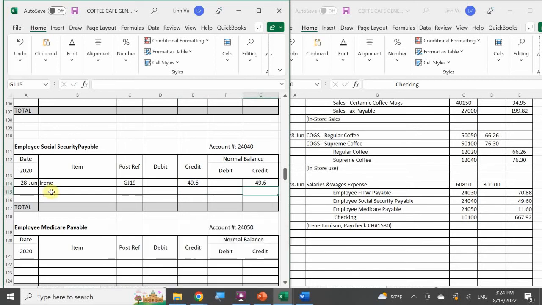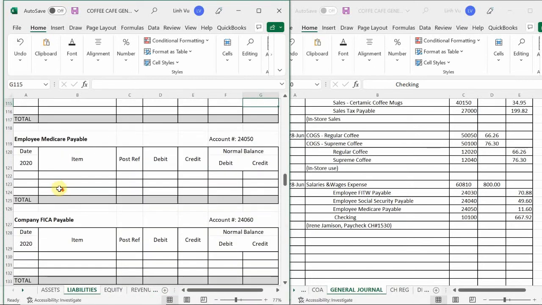And then let's see what's next. We have employee Medicare, the 28, Irene, for $11.60.